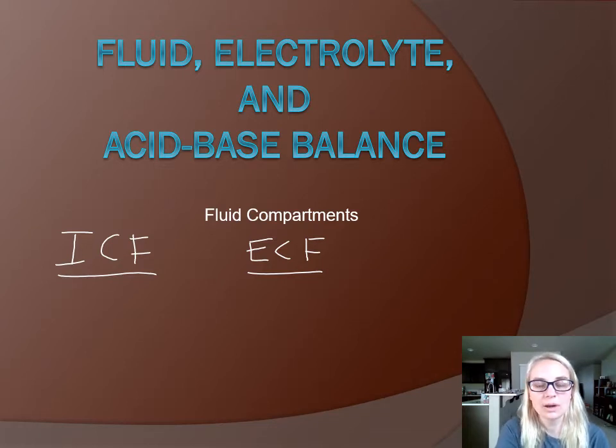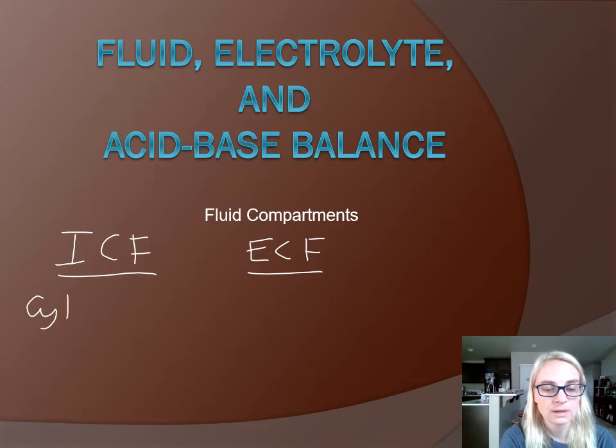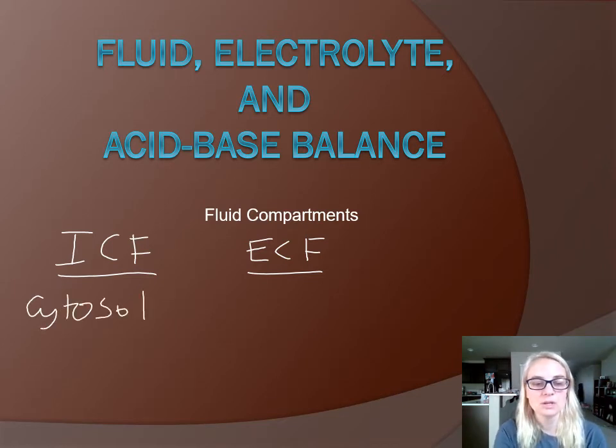So when we take a look at where fluid, mainly water, is in our cells, it can be in either of these two compartments. Now, the ICF is really only in one place. It is your cytosol, basically the cytoplasm within all of your cells. So ICF is the volume of fluid that is inside of your cells. ECF is everything else, all of the fluid that's outside of your body cells.